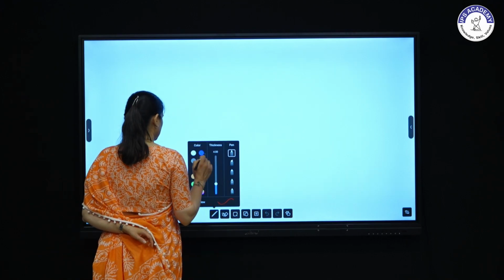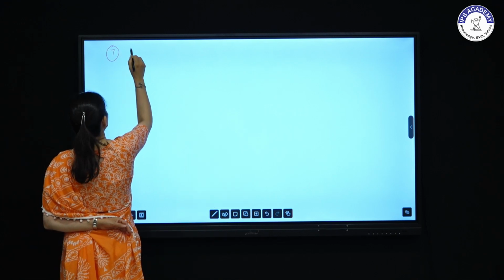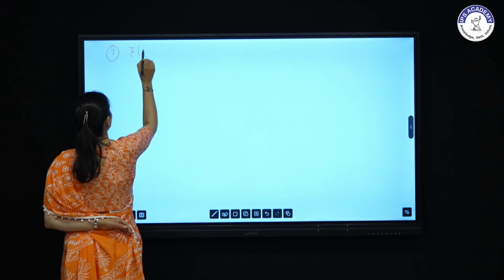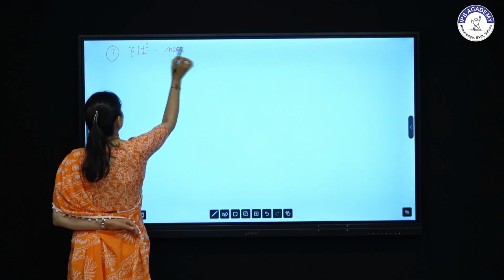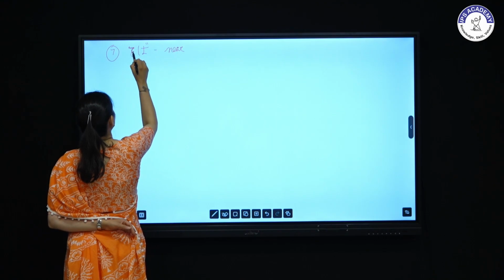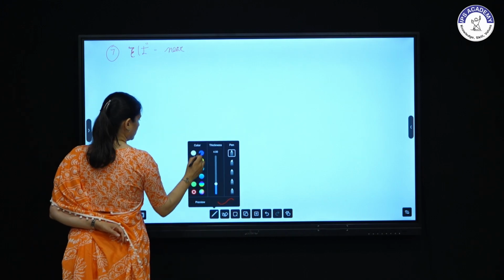Let's take the next preposition. Soba, which means near. Soba indicates near.